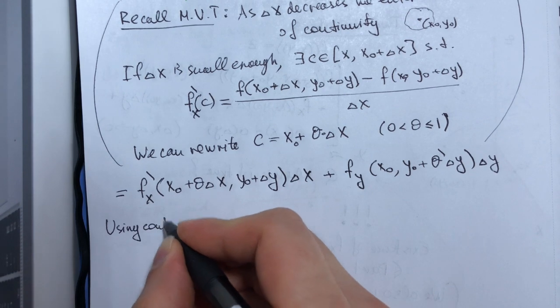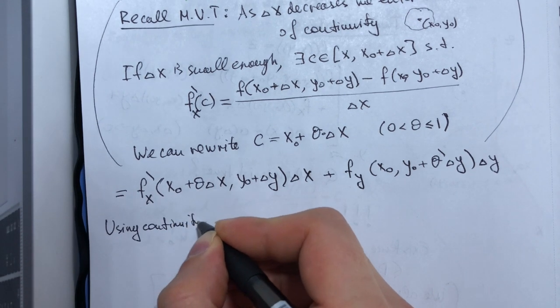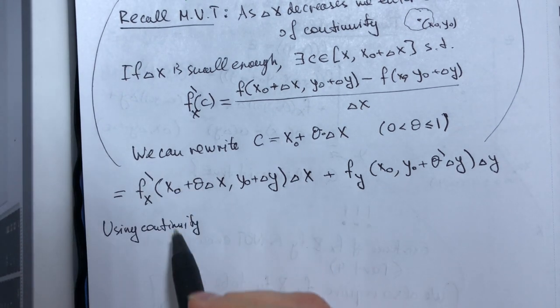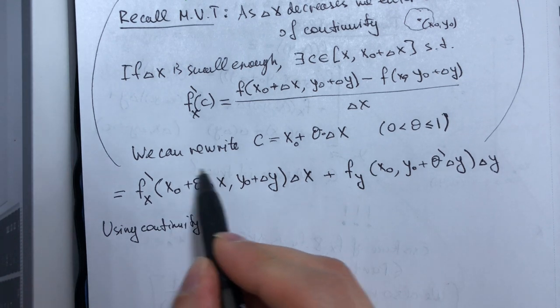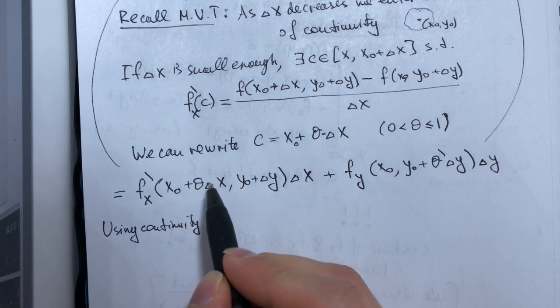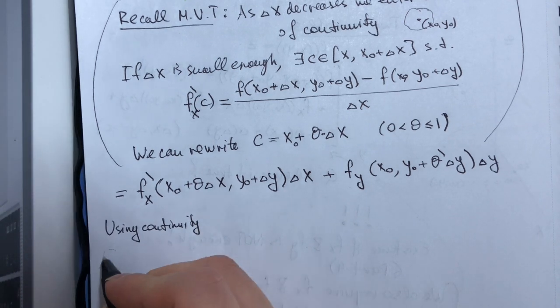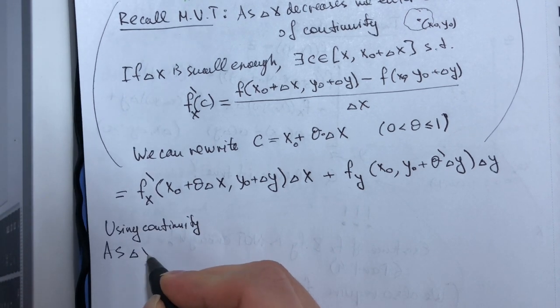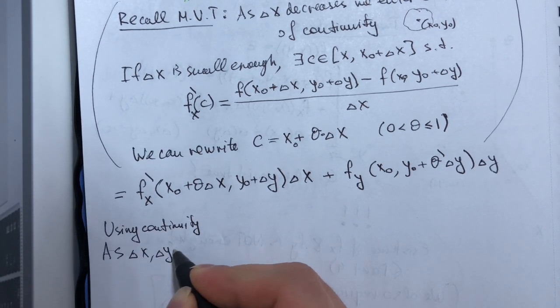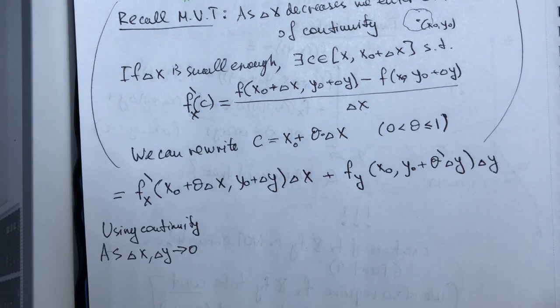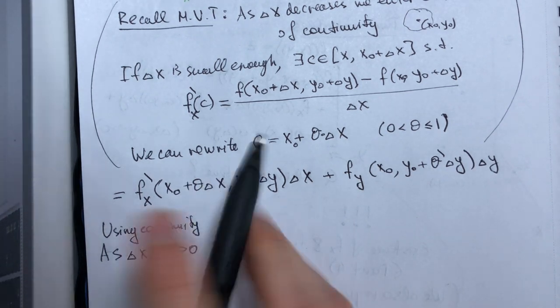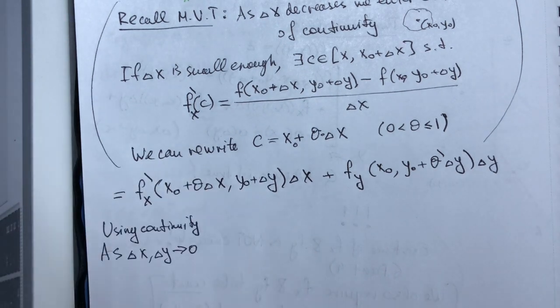So now, again, using continuity, yes, continuity allows us to take limits that exist inside, outside. As delta x and delta y tend to 0, which happens inside, we can take that limit outside.